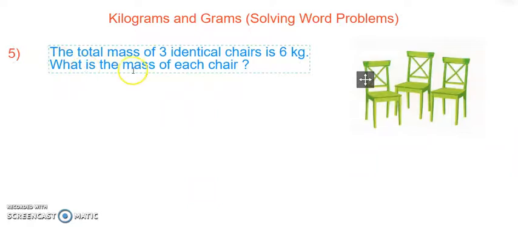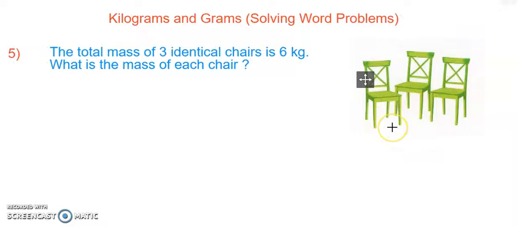The total mass of 3 identical chairs is 6 kilograms. What is the mass of each chair? Well, we have here 3 identical chairs. Identical means the same. Identical chairs means all the chairs have the same size, the same weight or the same mass, and the same shapes.